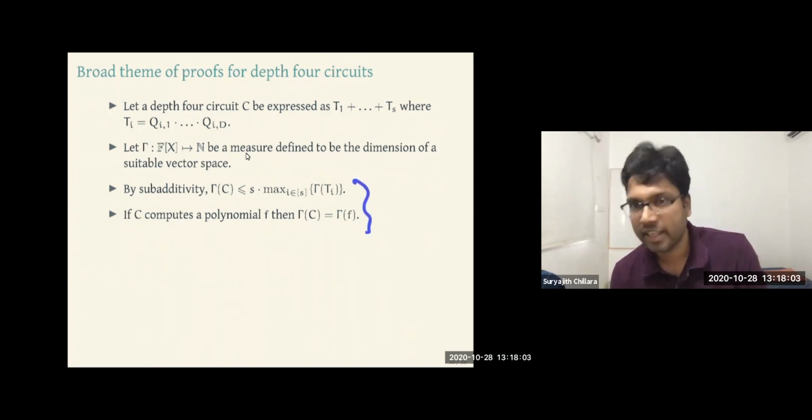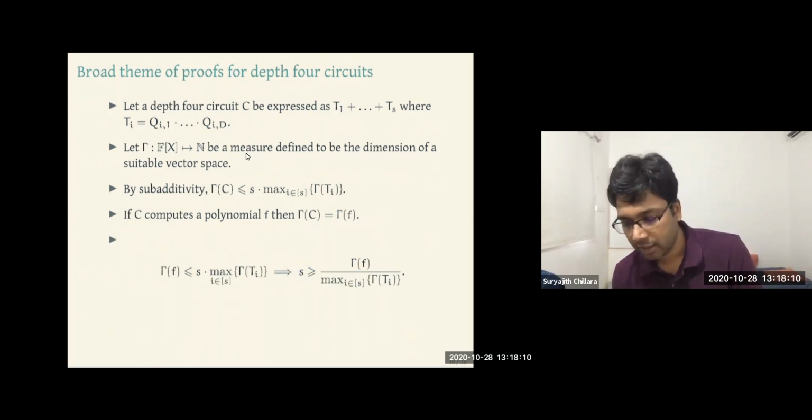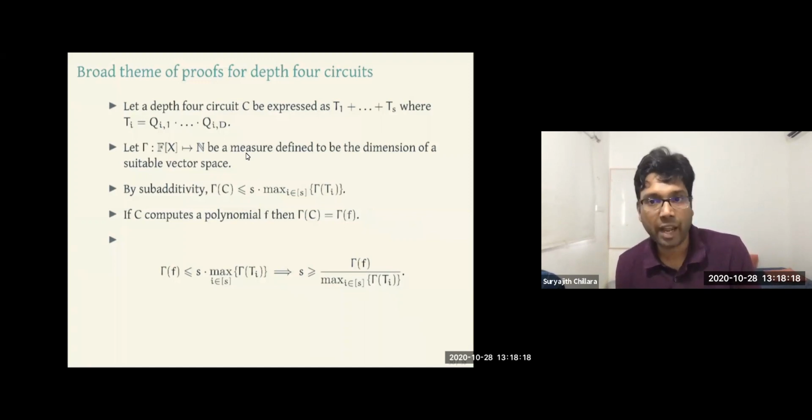Now if we combine both of these statements, what we get is that the top fan-in, rather the number of summands, is at least the measure for the polynomial divided by the maximum possible measure for a product of polynomials. This is the broad theme for almost every depth-4 result that is known in the last 10 years.